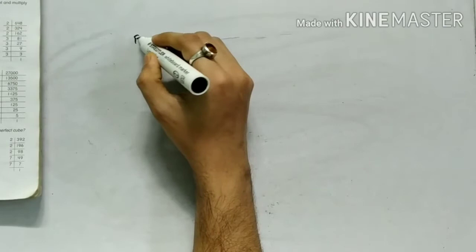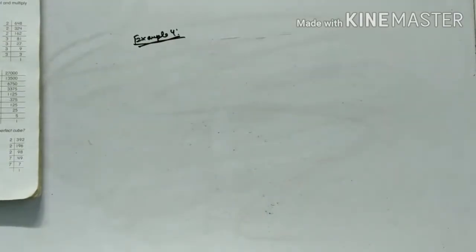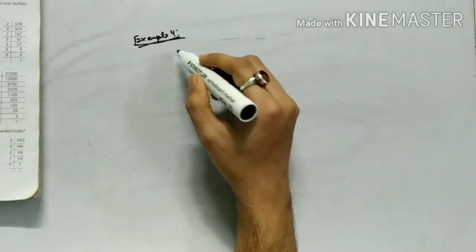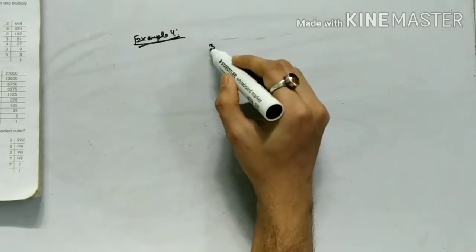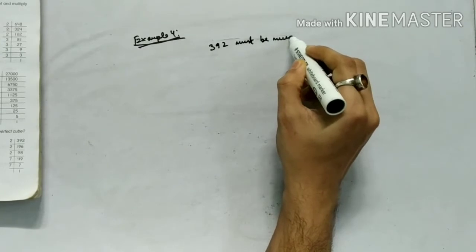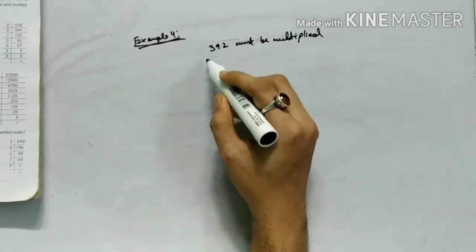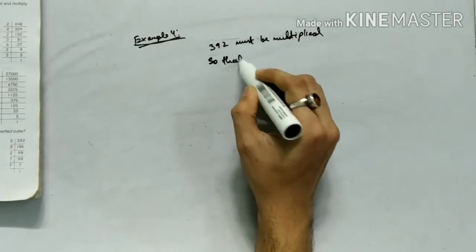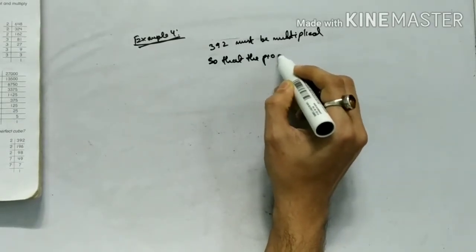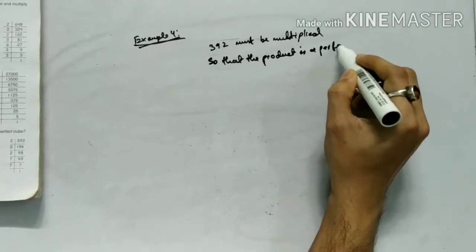Next again, example 4. What is the smallest number by which 392 must be multiplied so that the product is a perfect cube?